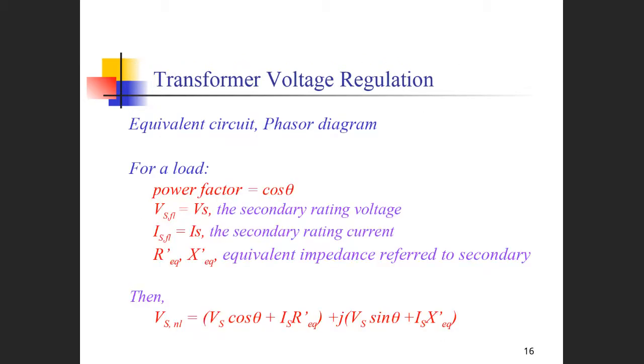Furthermore, if you know the internal impedance of the transformer referred to the secondary, and the secondary rating output voltage and the different loading impedances and power factors, you can estimate the voltage regulation based on such simple calculations.